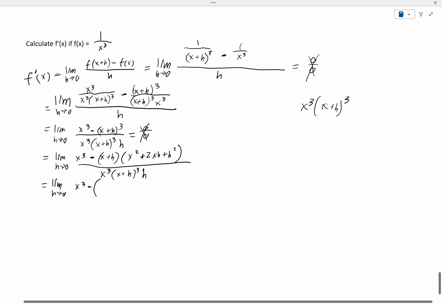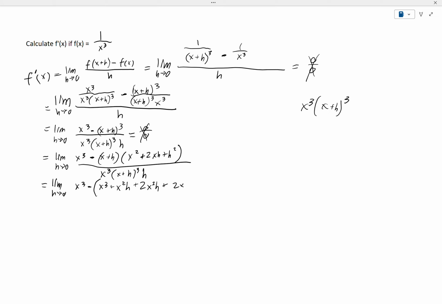So this is going to become x times x squared, so that's x to the third, h times x squared, so it's x squared h, x times 2xh, so that's 2x squared h, times this mess, that's going to be 2x h squared, and finally the last term.